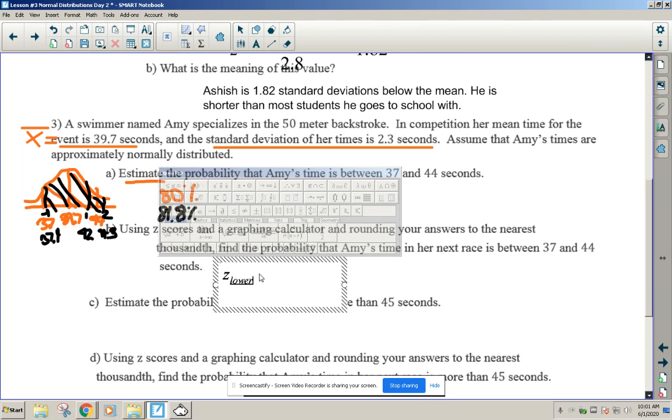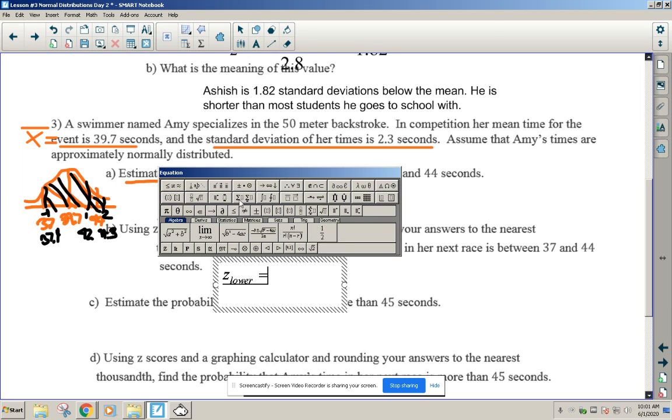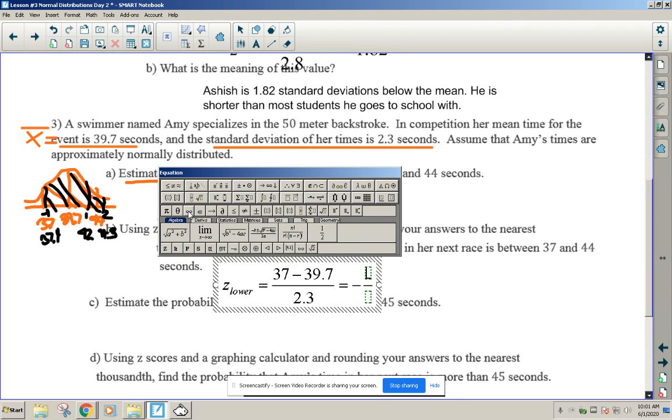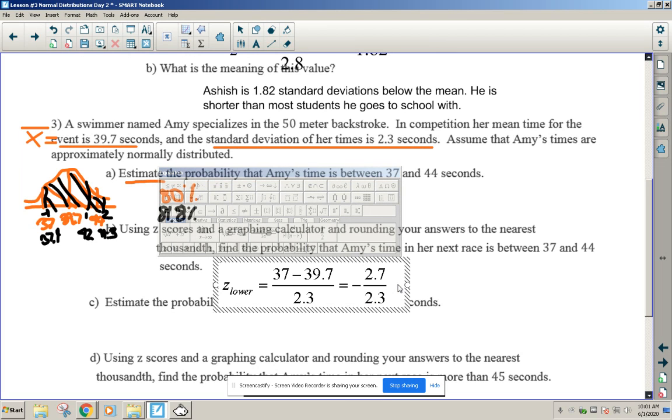Now we're looking at the one to the left, and that's going to equal 37 minus 39.7 divided by the standard deviation of 2.3, which gives me negative 2.7 over 2.3, which is negative 1.174.